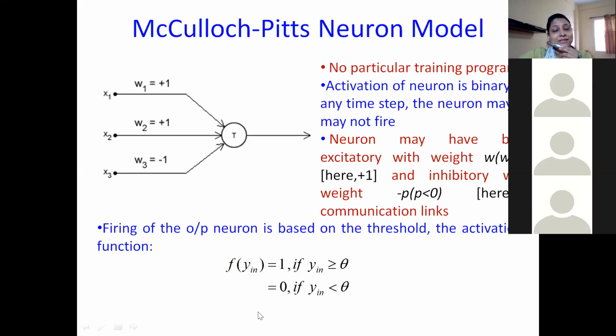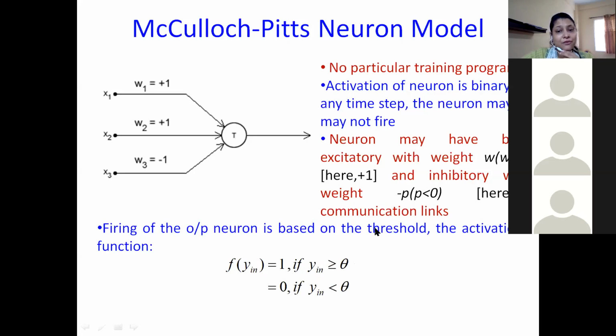If the neuron may or may not fire, then this neuron model must ensure a kind of threshold. The firing of the output neuron is based on that threshold. So the activation function, which is the combination of logic functions for this neural model, may be 1 if y_in, the net input value coming to the output neuron, is greater than or equal to theta.